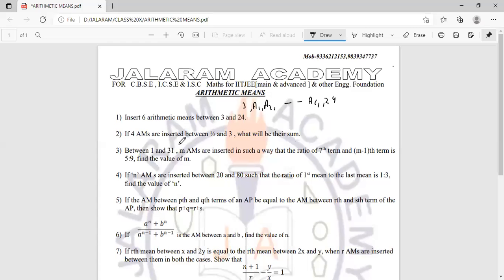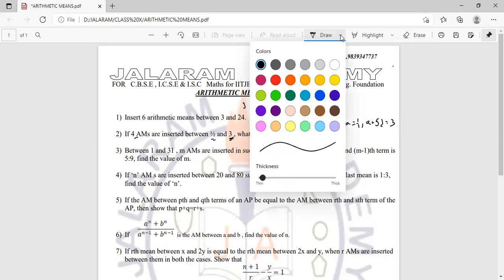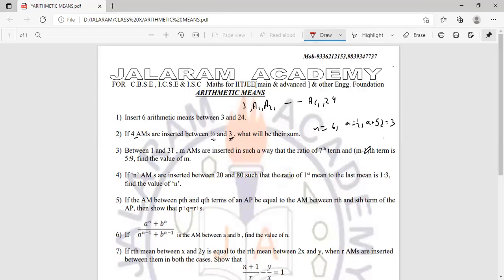And similarly, you have obtained the 4 AMs between 1 by 2 and 3. 4 AMs are there, so including half and 3, there will be 6 terms. N equals 6, A equals half. Sixth term, A plus 5D equals 3. Using half, 3 minus half is 5 by 2.